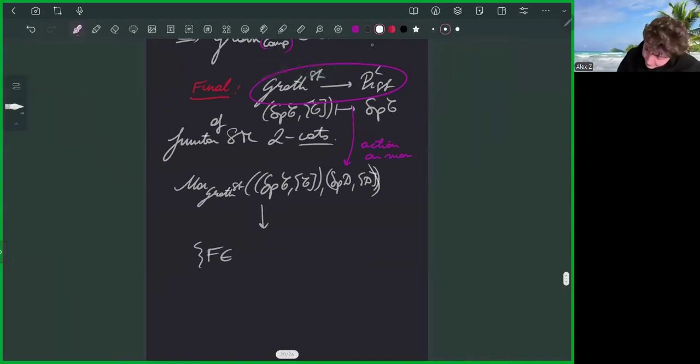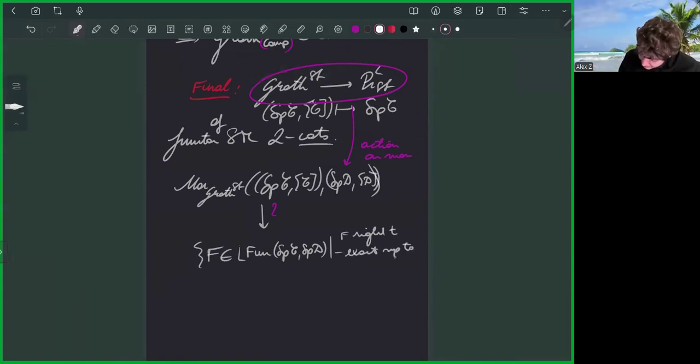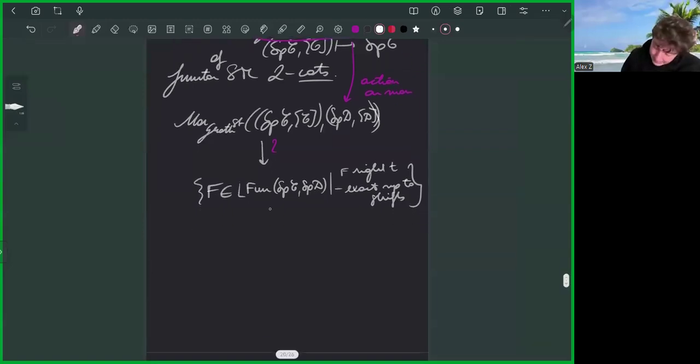It's an equivalence. So the essential image of this thing, this is sort of what we expect, and I think what we already know, but f is right t-exact up to shifts. And of course, this again includes into L fun. So you will get a fully faithful embedding on morphism categories. That's sort of the claim.